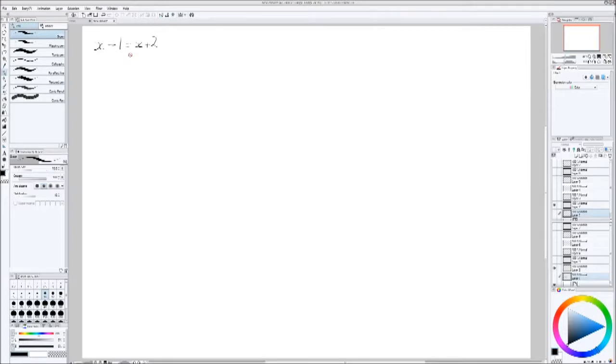So x minus 1 is equal to x plus 2. Now here's the first trick, as it were. We want to keep all the like terms together. So x is a like term. If we had y, that would be its own term. If we had z, that would be its own term, and so on and so forth.